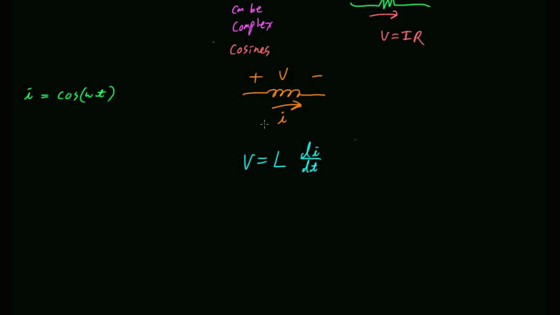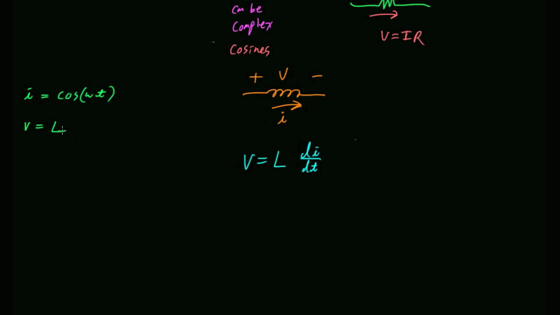All right, so if that is true, can somebody tell me what the voltage will be across this inductor? I'm hearing words, they sound right. Come on, dive into it. That's all we're doing.